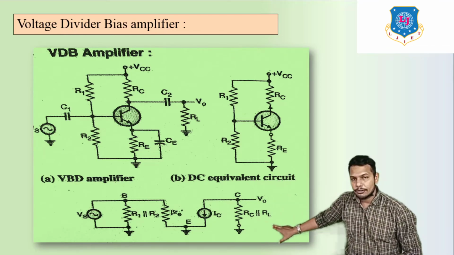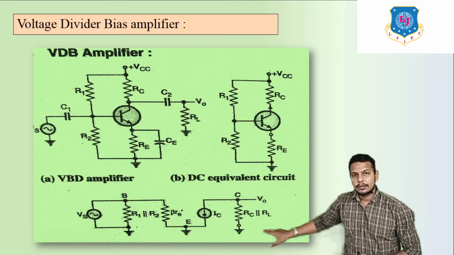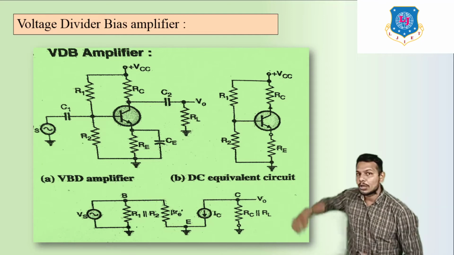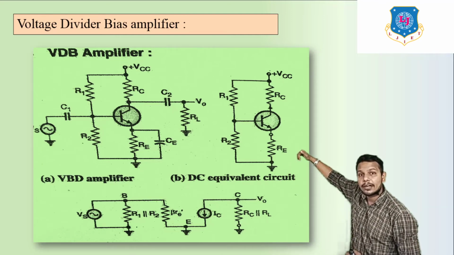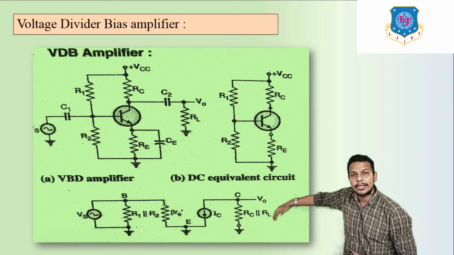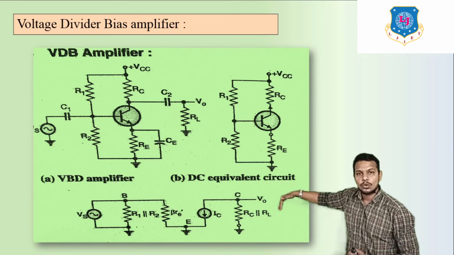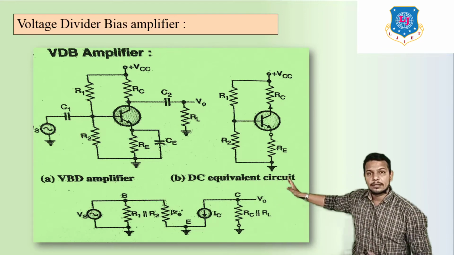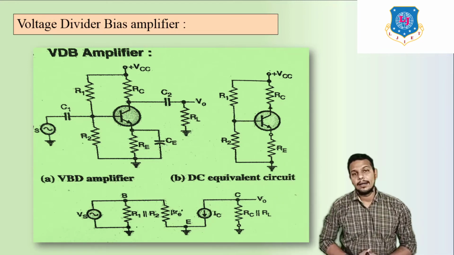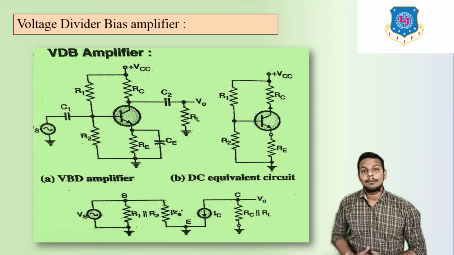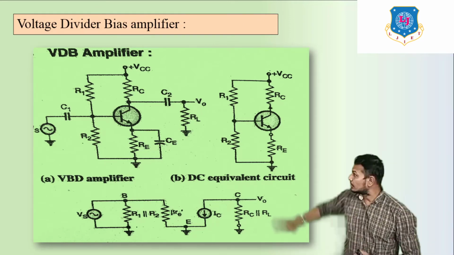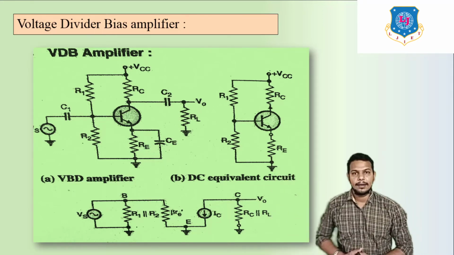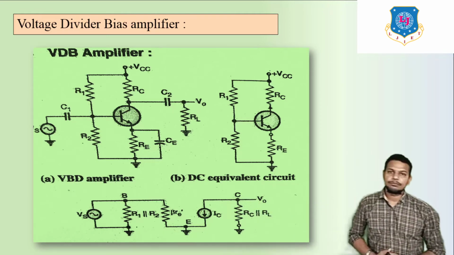That is one resistor beta RB dash, then one current source which is going downward, because the collector current flows in the downward direction. That's why its direction is downward. So IC, and what remains are RC and RL. RC and RL become parallel with each other because C2 is shorted. So here we can see RC parallel RL, and after that the output voltage VO.